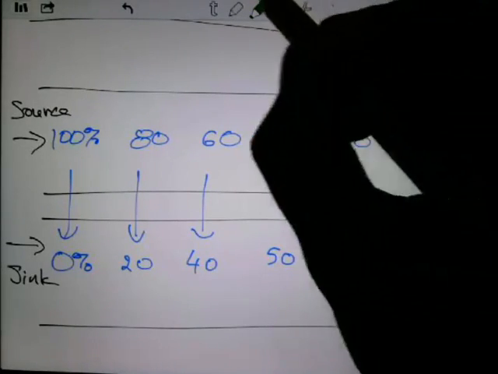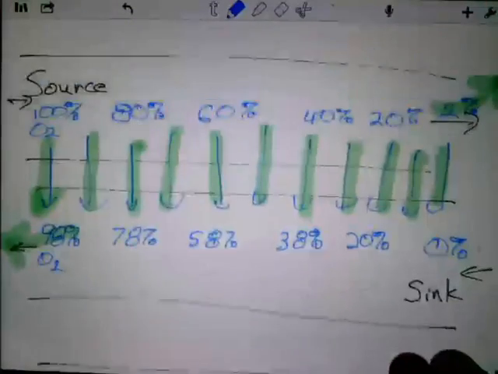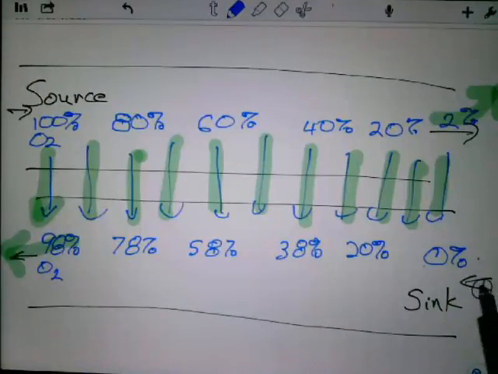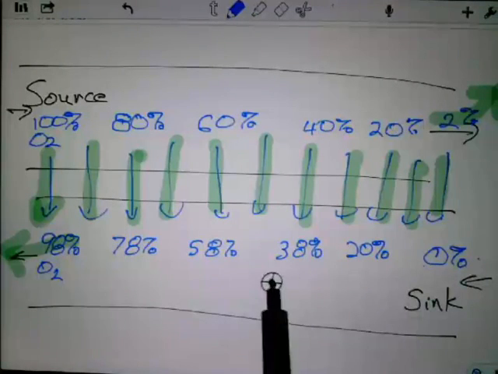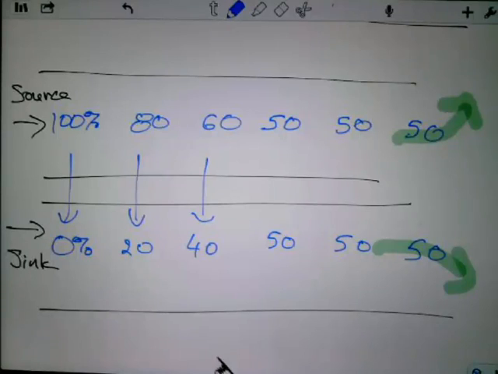We've only transferred half of the oxygen from the source to the sink. So in countercurrent exchange, where we're moving in opposite directions, we can transfer nearly all of the oxygen or water or heat from the source to the sink. With cocurrent, you get only to halfway in between the two. So that's a countercurrent exchange system.